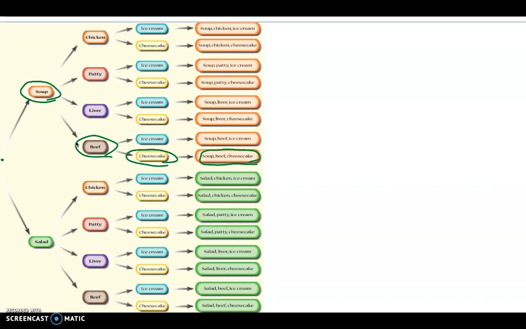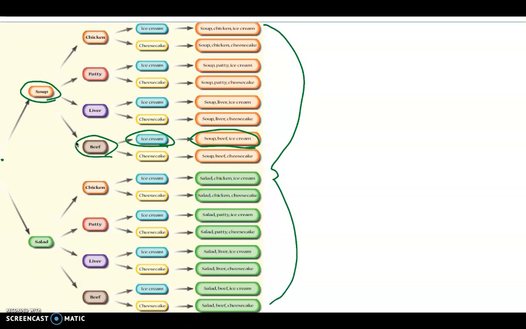That is one possible outcome. Now you could have said, well, actually I want the ice cream, but I still want the soup and the beef, so then that puts you here. And so then we could count through, and if you count up all of these different choices, you'll see that there are 16 different possible outcomes.